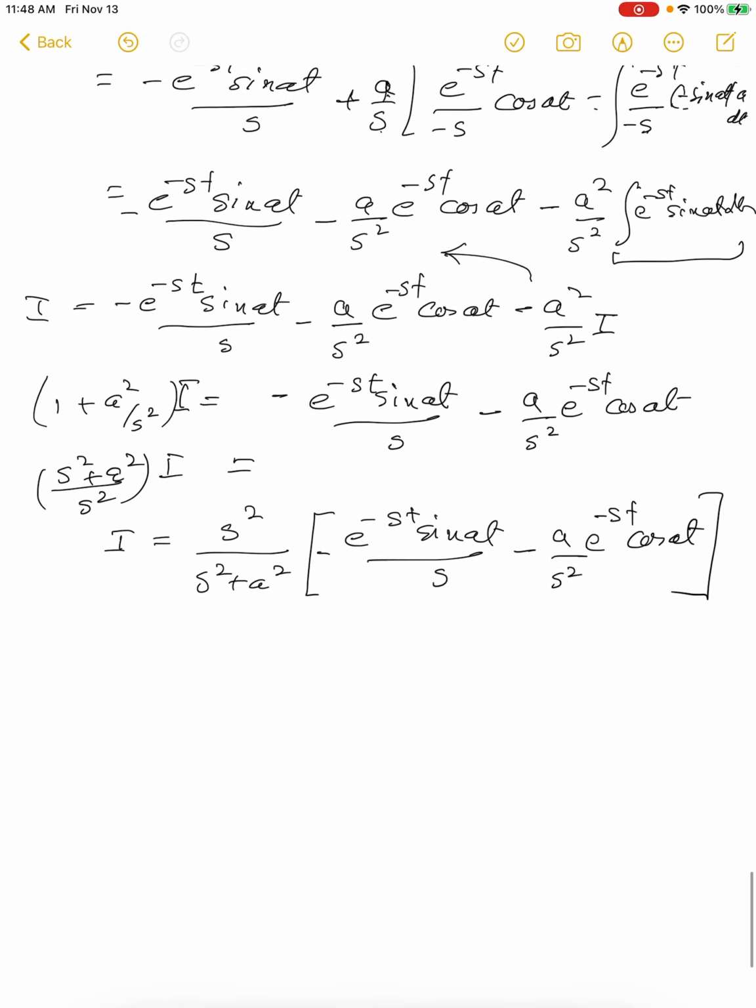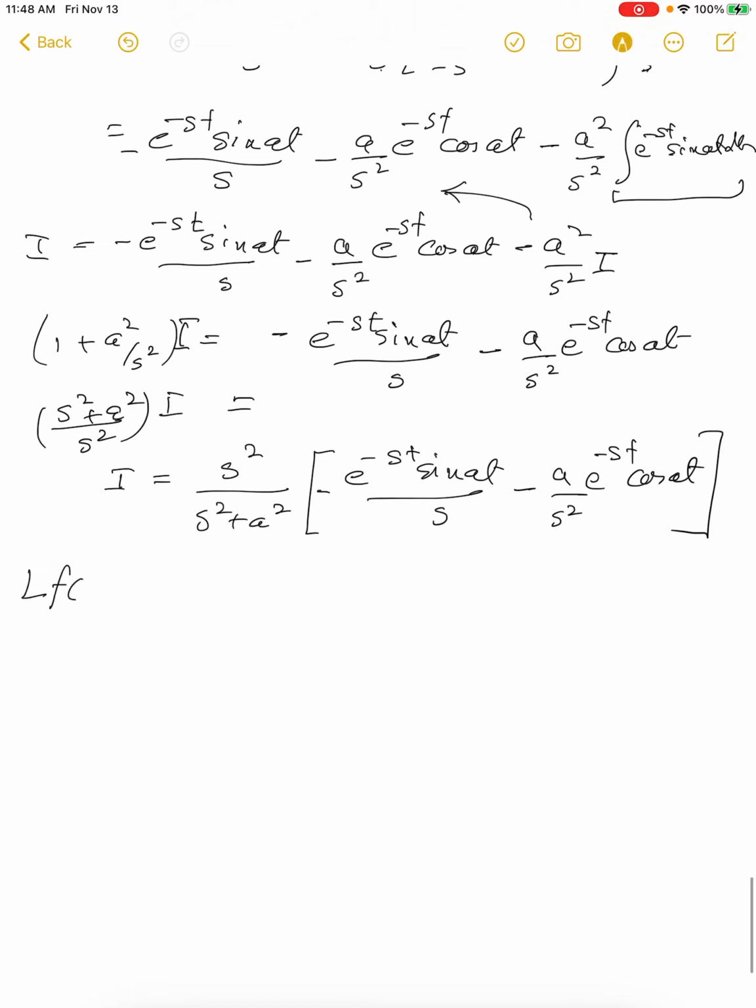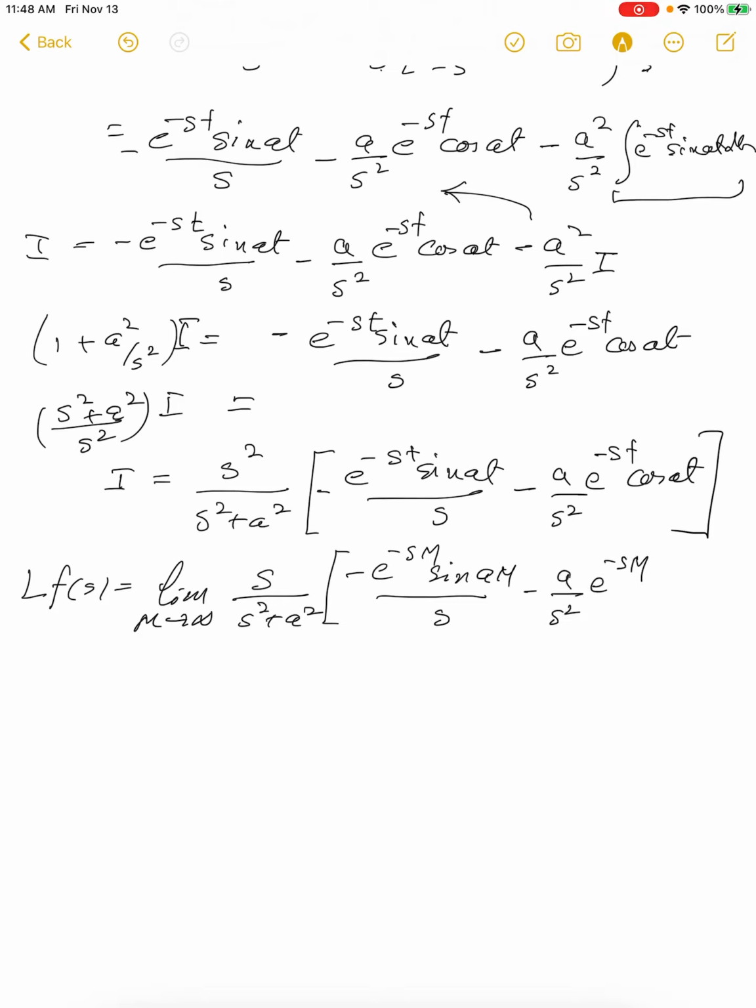Good. And now we are going to write down L{f}(s), which is the limit as m tends to infinity. We have to evaluate this between 0 and m. So what will be the value at m? It is minus e^(-sm) sin(am) by s minus a by s squared e^(-sm) cos(am). This stuff minus the value at 0.